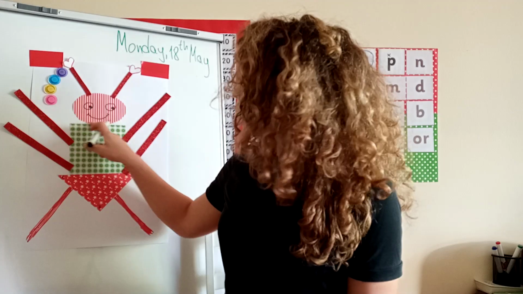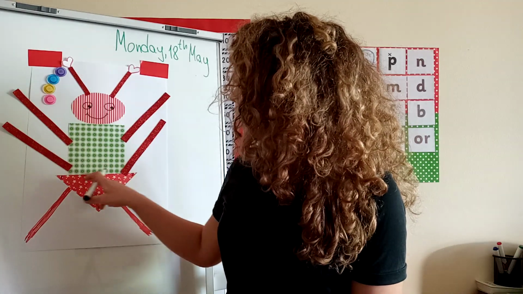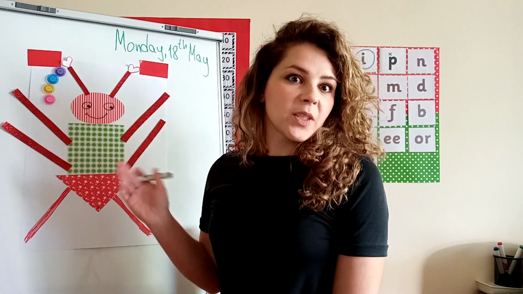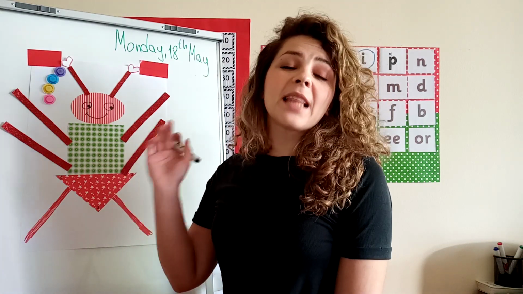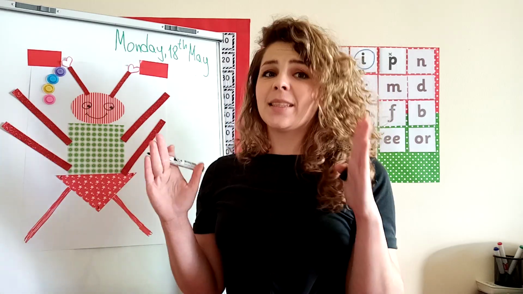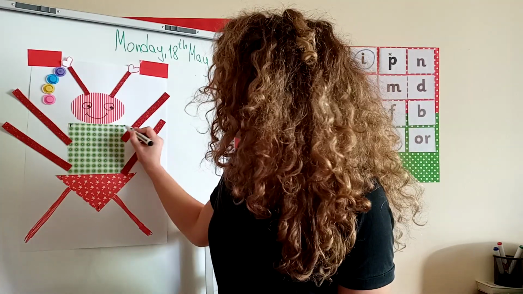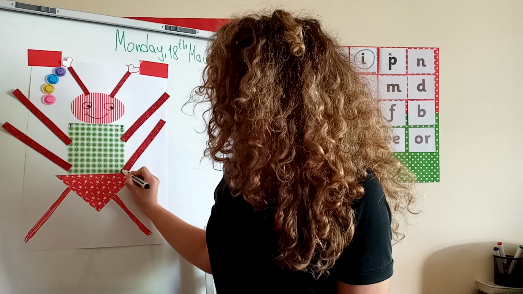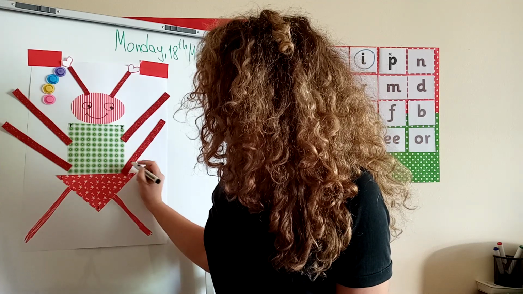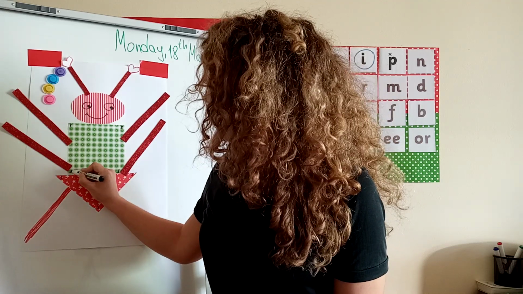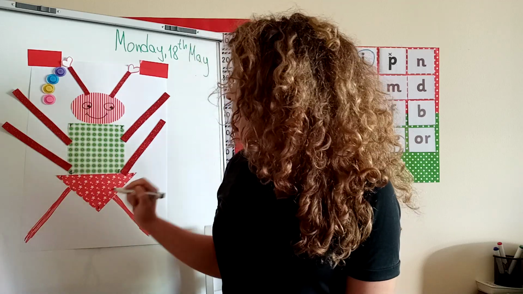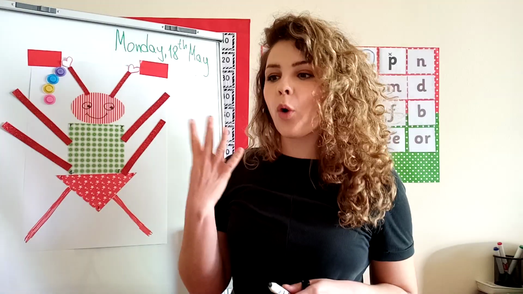Square has 1, 2, 3, 4 straight lines. For this to be a square, all 4 straight lines need to be exactly the same length. And let's see the corners. 1, 2, well, here it's a bit covered, but I'm going to write here 3, 4, and this one I already counted. So square has 4 corners.